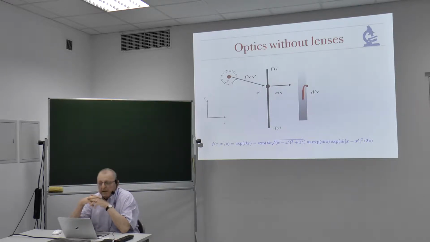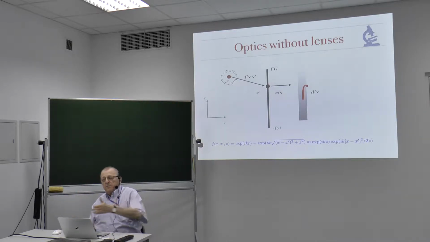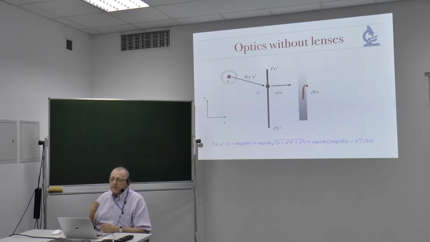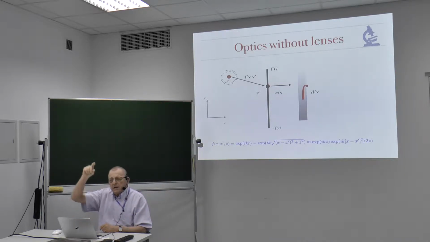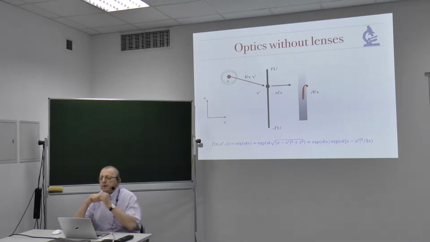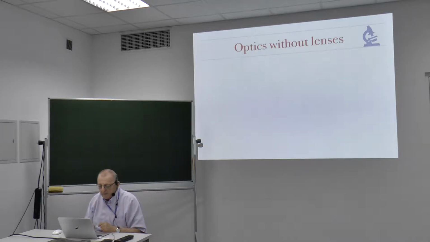And this is just the phase shift when the wave goes along the optical axis of the device, e to the power ikz, times this additional factor, which, as you see, depends quadratically on a distance along the aperture between the emitter and the point of the lens where the radiation hit it.